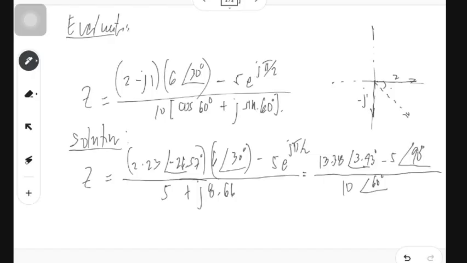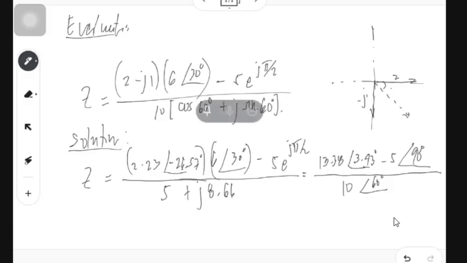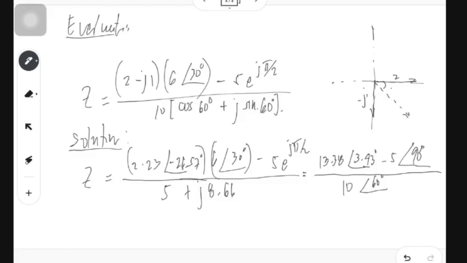Okay, let's continue. Now for the numerator, no, we cannot combine directly unless we convert this into rectangular form. Will you convert 13.38 bar angle of 3.43 into rectangular form?